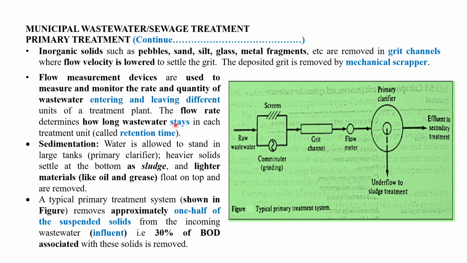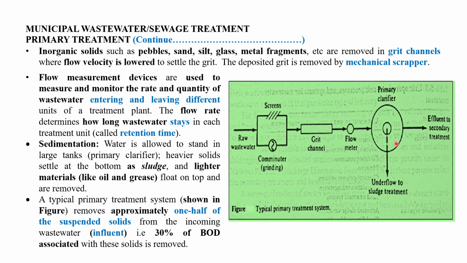The flow rate determines how long wastewater stays in each treatment unit, called retention time. Unless retention time is provided, the solid waste in the wastewater will not settle. So retention time or detention time is provided in the primary clarifier, and that is why flow meters are used to maintain the velocity.